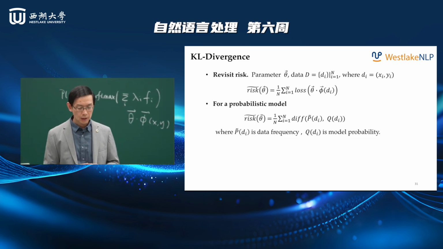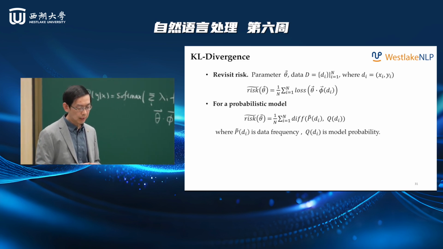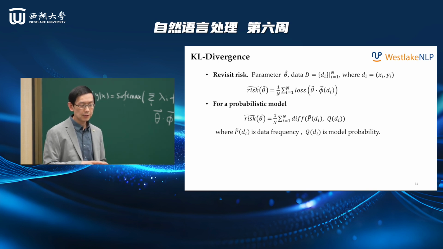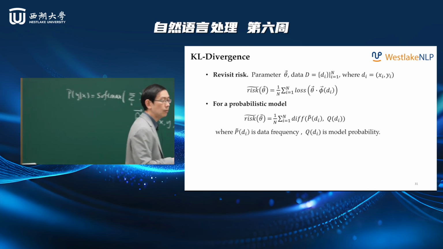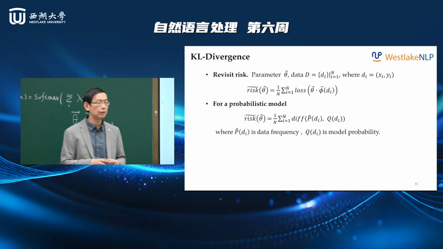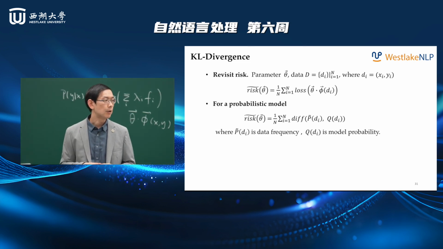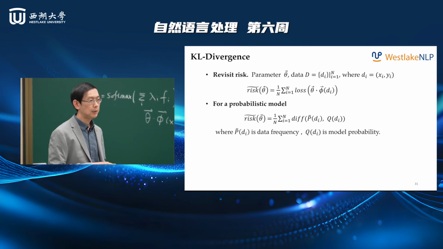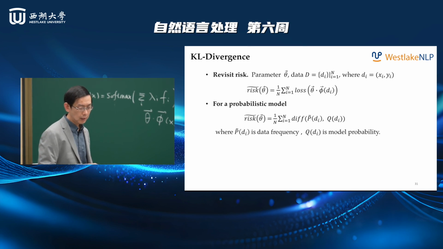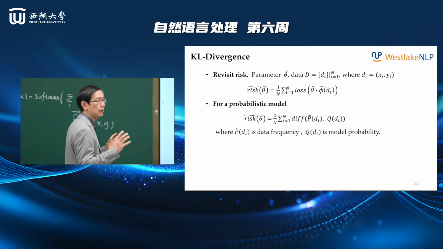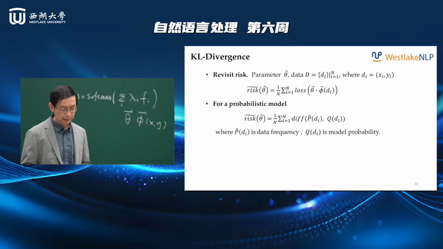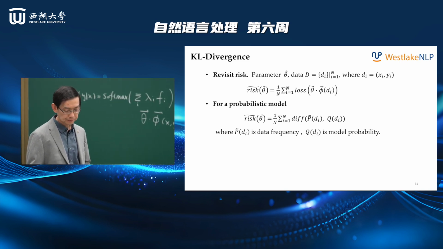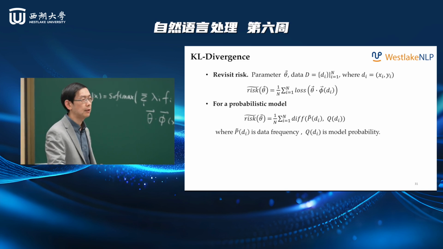So further, let us assume that we're building a probability model. So in this case, we might calculate the loss as the difference between our model probability Q of d_i and some empirical probability P tilde of d_i. And I have to use P tilde because this P of d_i is sort of calculated over the empirical data. So how do you define this difference?